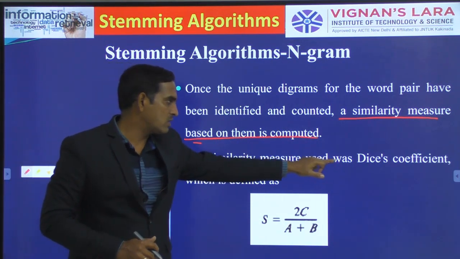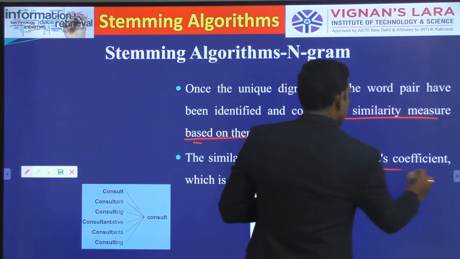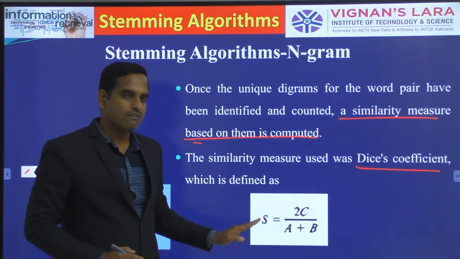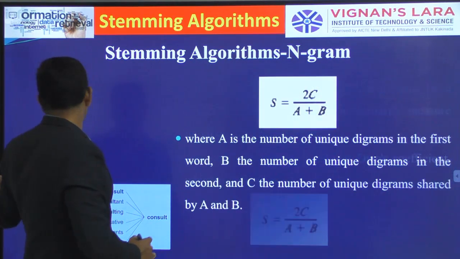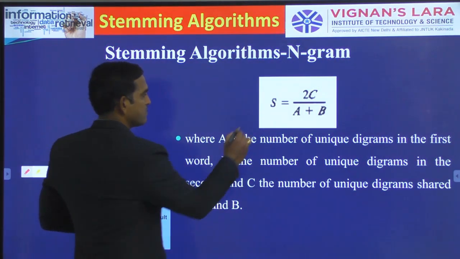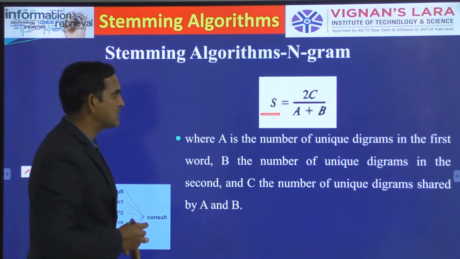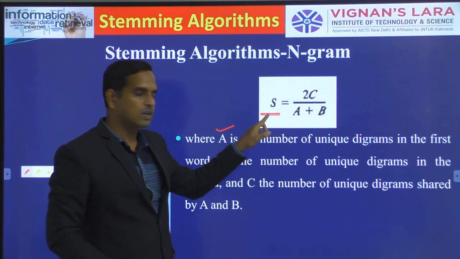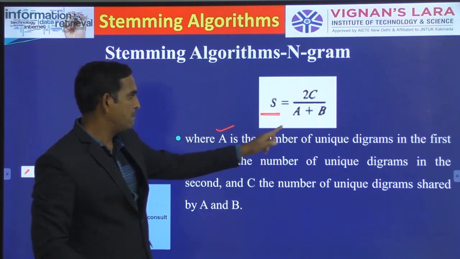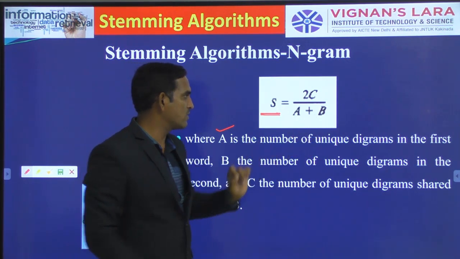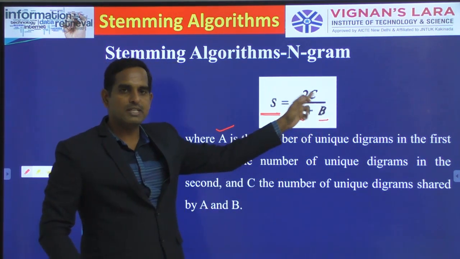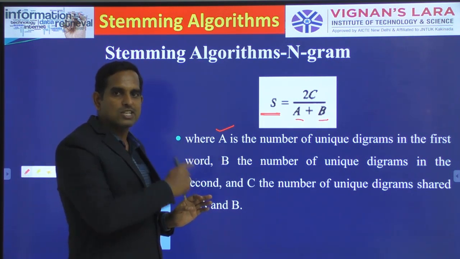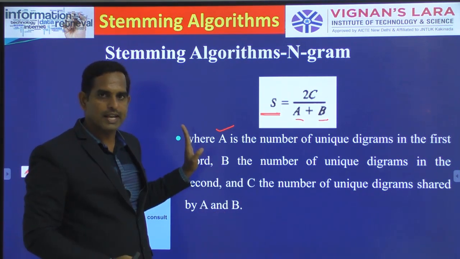The similarity measure uses the Dice coefficient, which is defined as S = 2C / (A + B), where S is the similarity measure, A is the number of unique diagrams present in the first word or first term, B is the number of unique diagrams present in the second term, and C is the number of matching unique diagrams shared by both A and B.